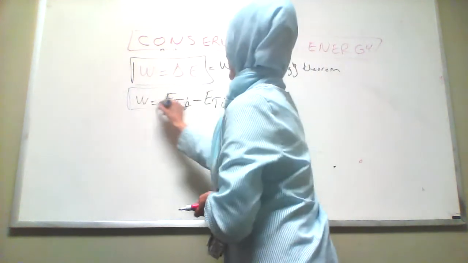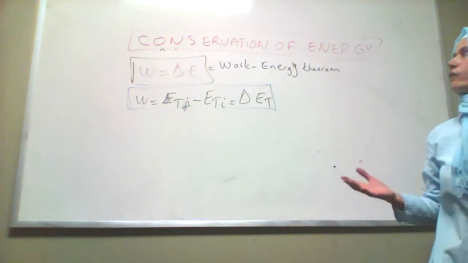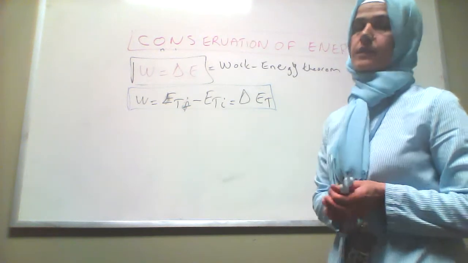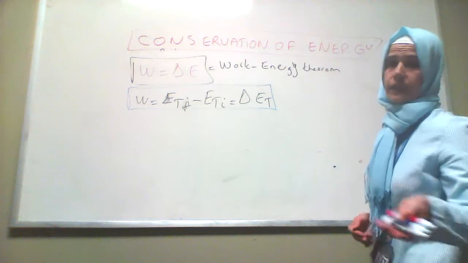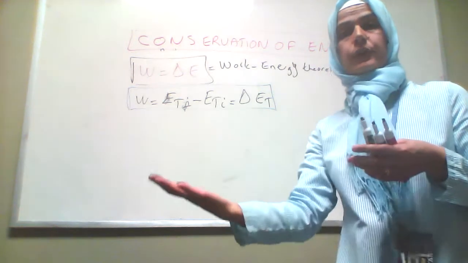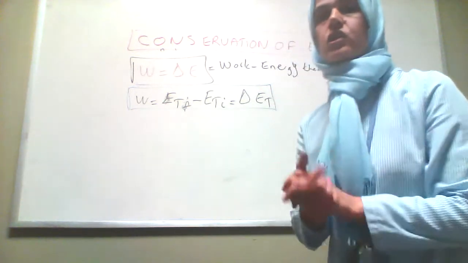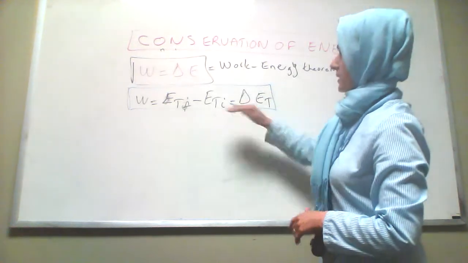Or mechanical energy, as it is called in some books. So this is the general version of the work energy theorem. Work is equal to change in energy. It could be only kinetic energy change, it could be only potential energy change, it could be change in both, and it is equal to work.